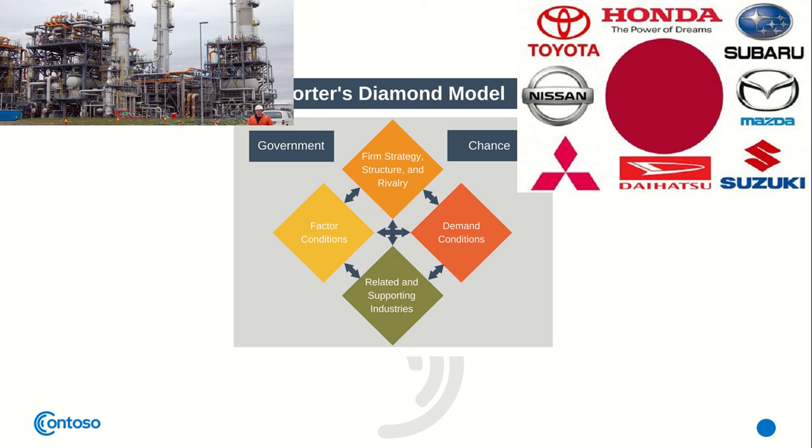It is important that these created factor conditions are continuously upgraded through the development of skills and the creation of new knowledge. Competitive advantage results from the presence of world-class institutions that first create specialized factors and then continually work to upgrade them. Nations thus succeed in industries where they are particularly good at factor creation.